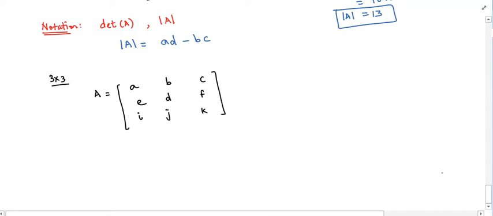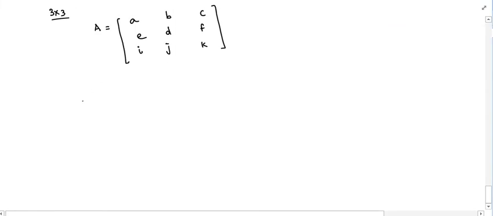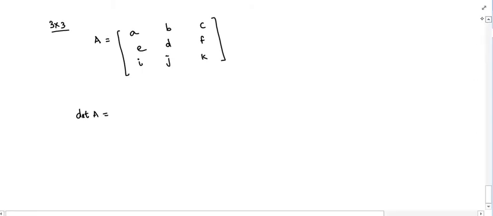Then in this case, the determinant of A is obtained by, now actually there are two ways of doing it. Let's consider first the standard way, then I'll tell you the shortcut as well.